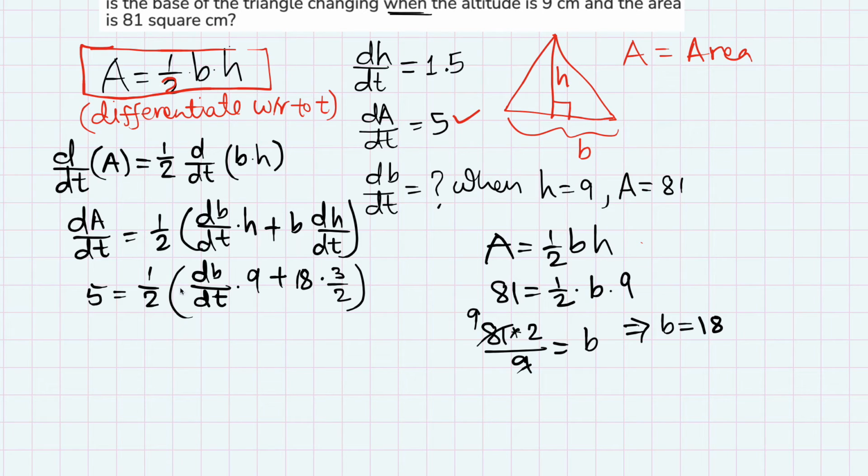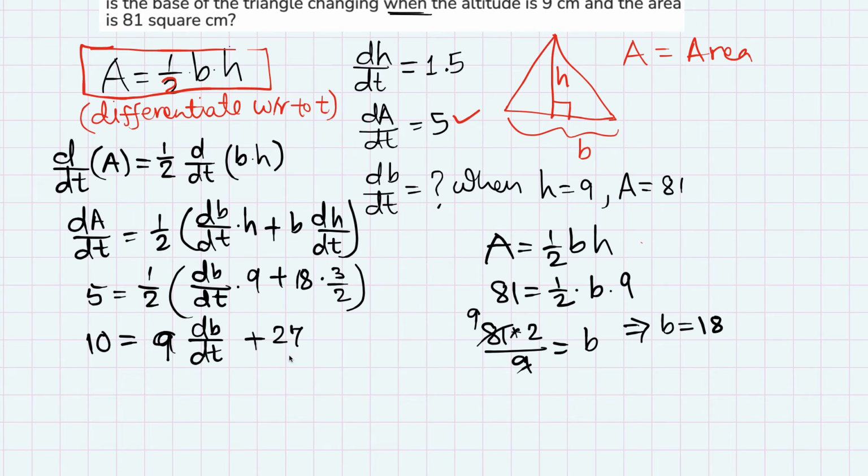Basically now this is an algebra problem where we are trying to isolate dB over dt. Multiply both sides by 2, that way 1/2 is gone. This is 10 equals 9 dB over dt plus, 2 goes into 18, 9 times 3, 27.